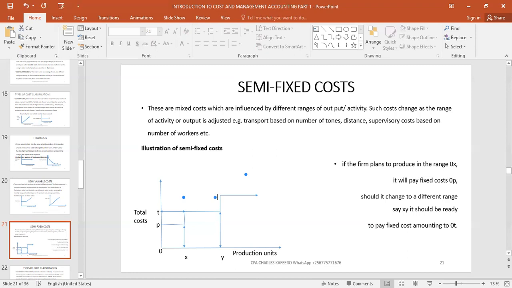Then the other one is distance. If the transport cost is paid on the distance covered, the more you cover the distance, the more you pay. Yes, the transport cost is fixed, it is the same, but it changes as per the range of the activity level.